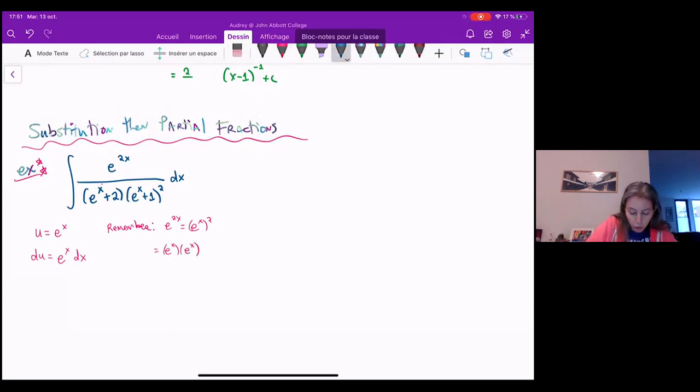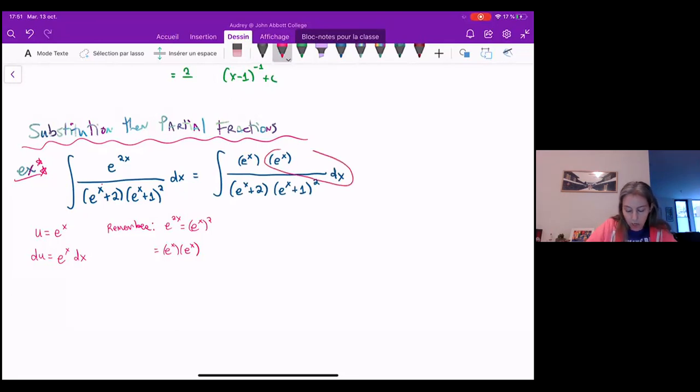So I'm going to do an extra step here, not a necessary step, but it allows me to easily see that my du is there, because inside of that e to the 2x, it's just e to the x times e to the x. So that right there is my du.